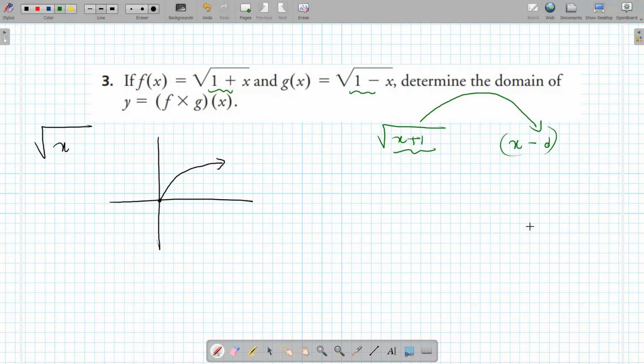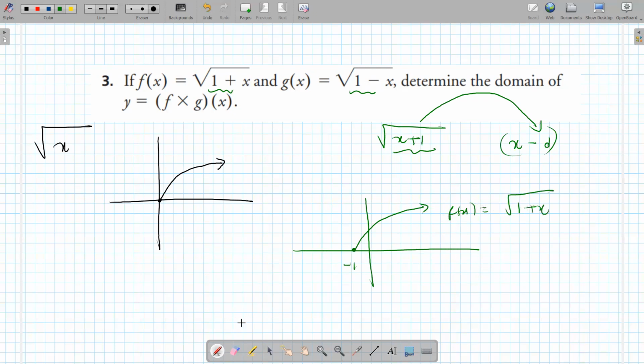But what happens is plus 1, you would expect it to go to the right, but it goes left because just like the x-intercepts, everything is opposite. So x plus 1 actually takes it 1 unit to the left. So the graph of 1 plus x looks like this. It's the same thing as this one, except it's moved 1 unit left because of the plus 1. So this is what the graph looks like for f of x.